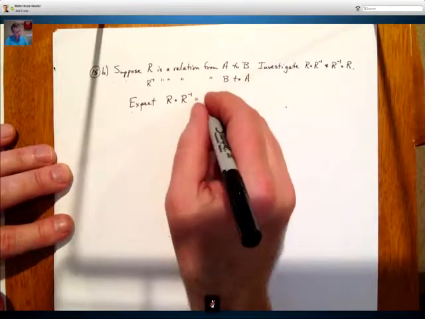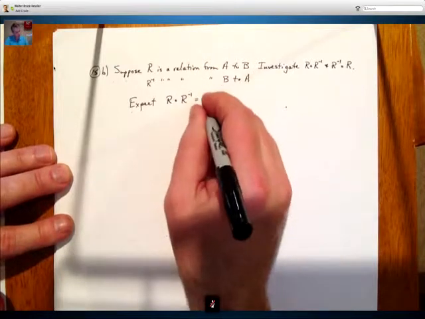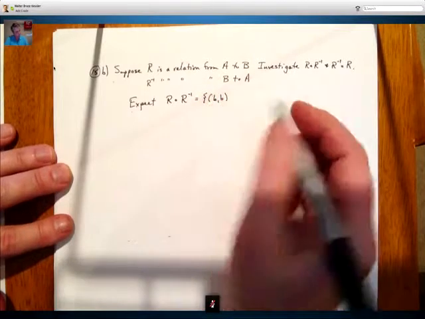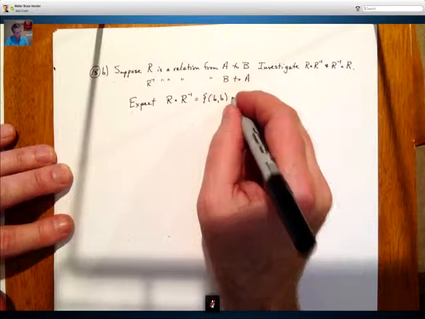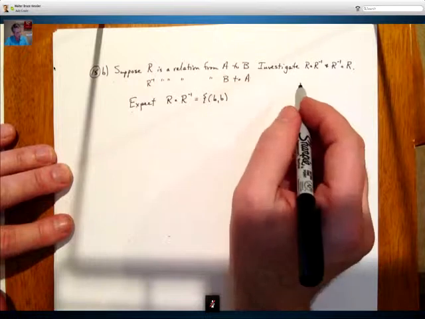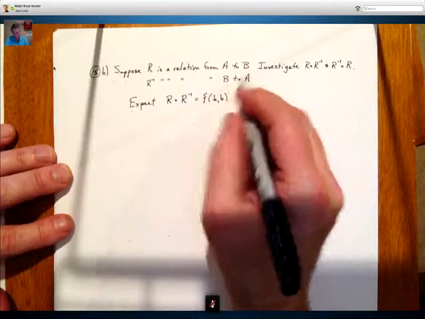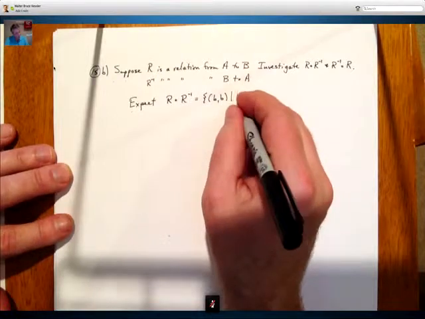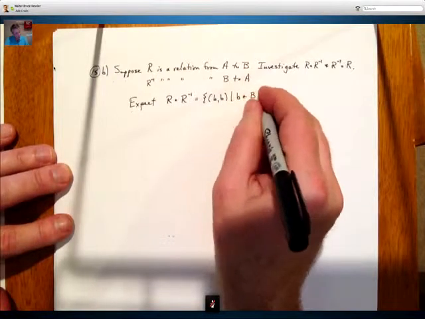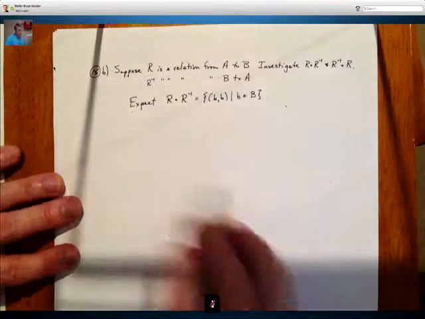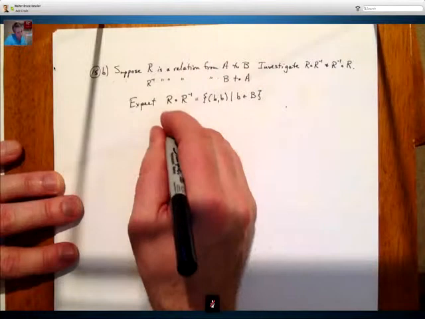Let's see, where do we land? We land in R, which is B. We would expect to get things of the form (b, b), right? We start with things in the set B, go to A, and then back, for all b in the set B. But that's not necessary.